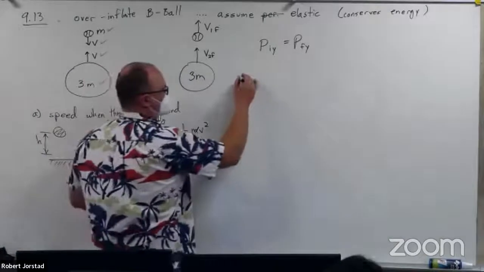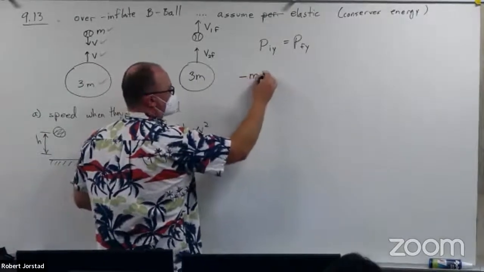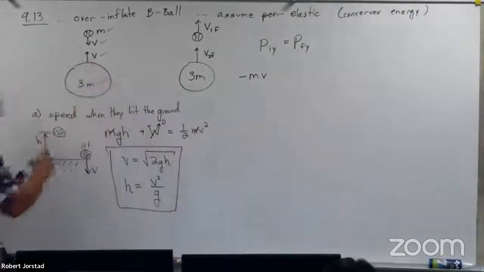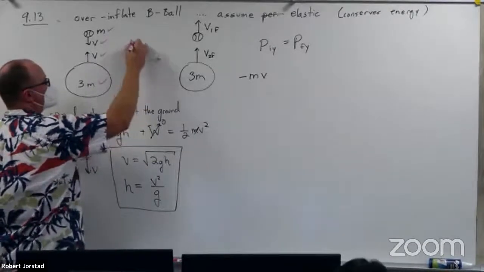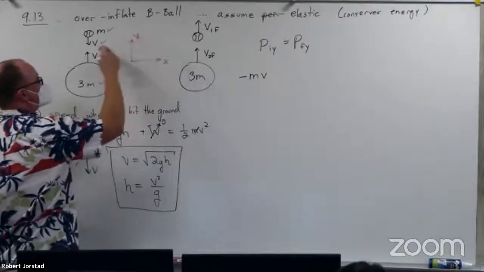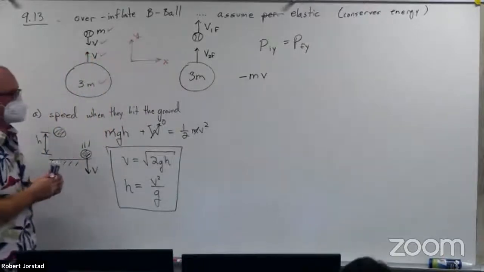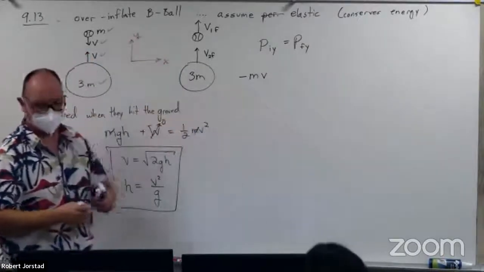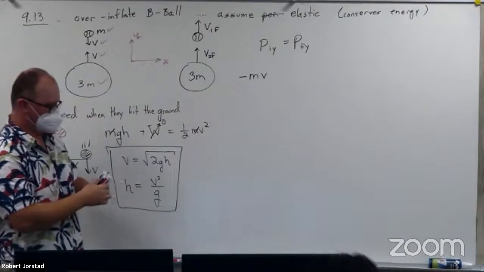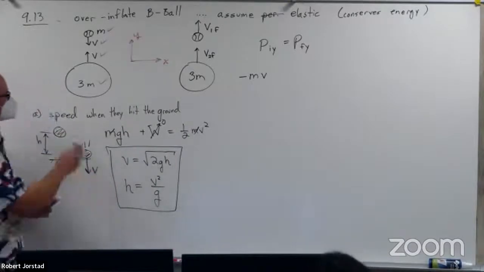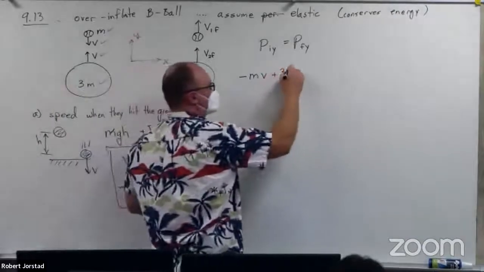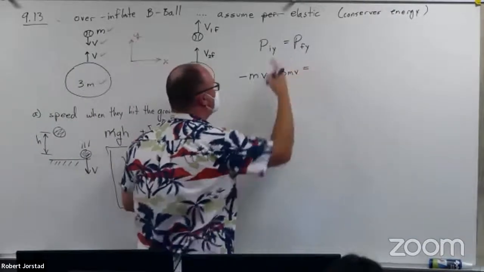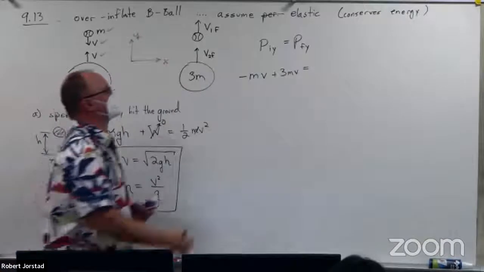I would write negative mv because it's going in the negative j hat. Does that make sense? It's speed v, but there's a negative j hat, so there's an implied j hat right there. All right. Next, how about this one? It's 3mv. Equals. They're both positive.